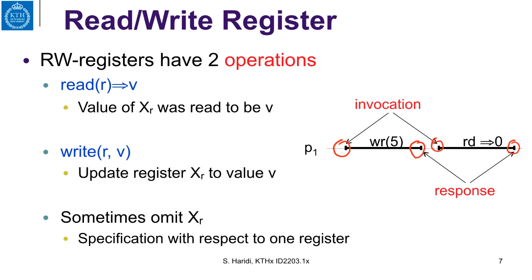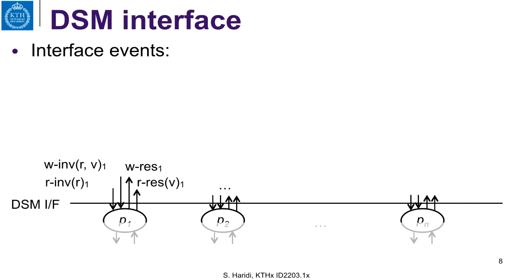So in a distributed setting, we are just looking at events that are invocations or responses. As we said, this figure just omits the register because we're talking about a single register. So the interface to our distributed shared memory is an interface based on events, and these events are invocation events or response events.